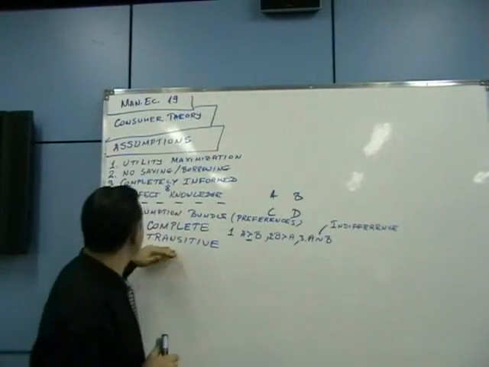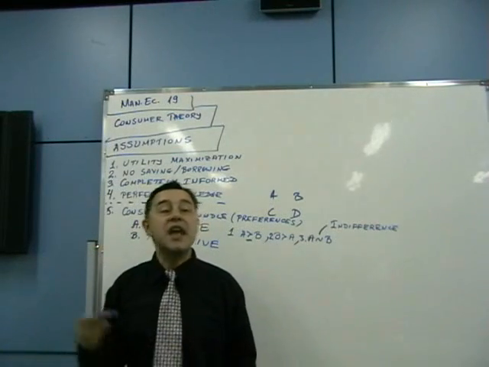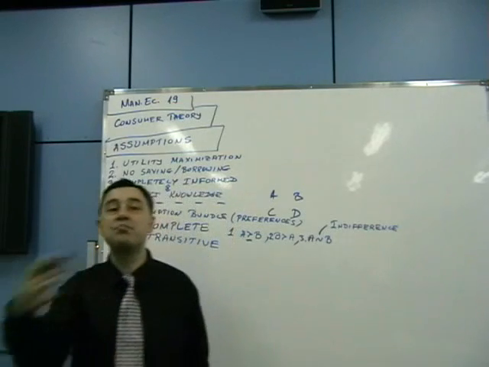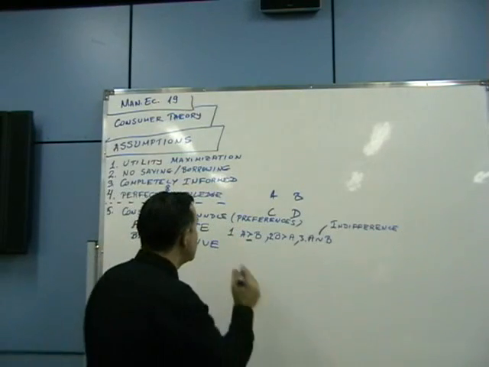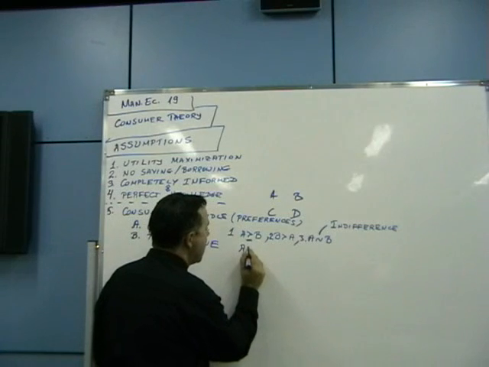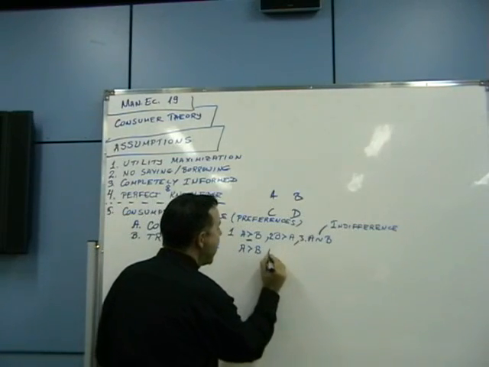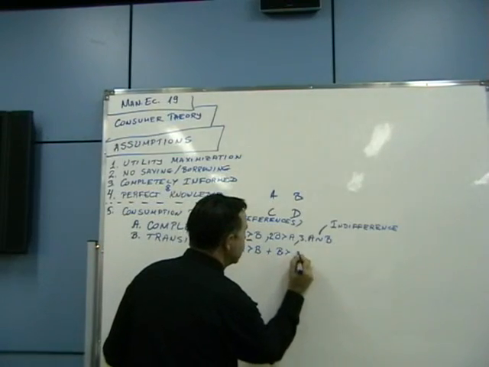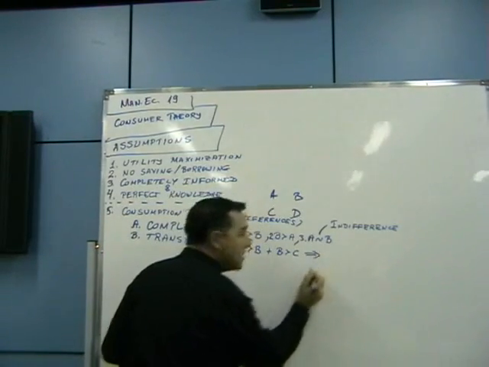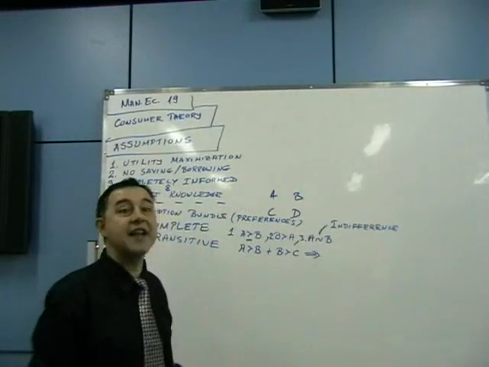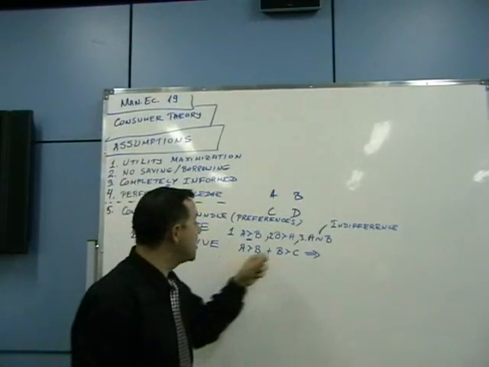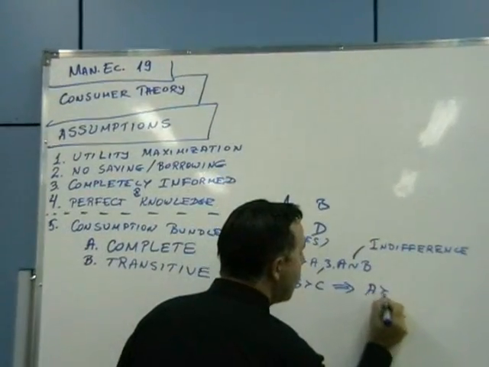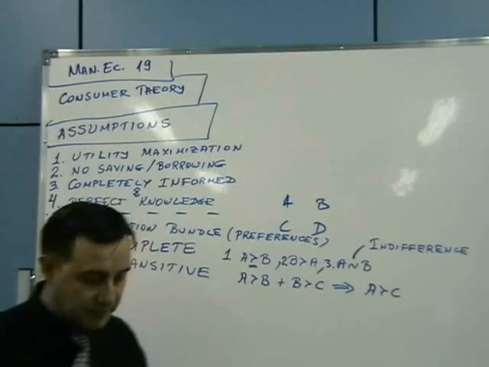Okay? Now, transitive simply means if I prefer A over B and prefer B over C, it follows that I will always prefer, given these two preferences, A over C. That's it.